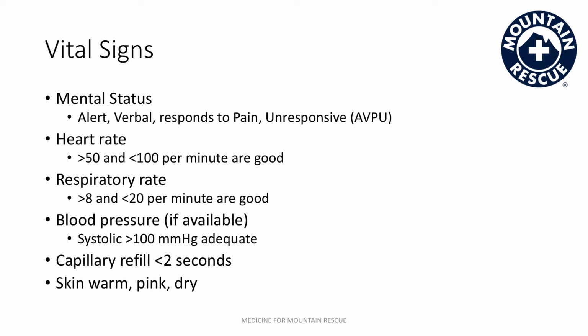Blood pressure. If you have a blood pressure cuff, monitoring blood pressure can be very helpful. If you don't know how to do this, ask a medical provider with your team, and most teams will have the equipment available to do this. There are ways of checking blood pressures in different locations to approximate blood pressure.